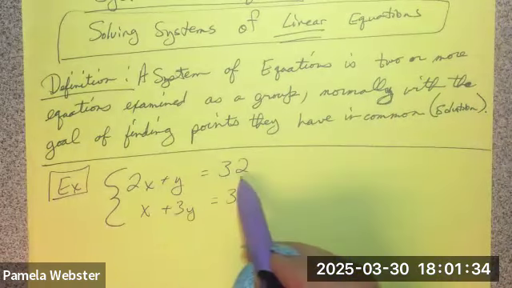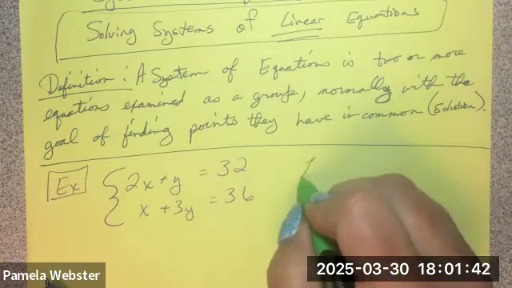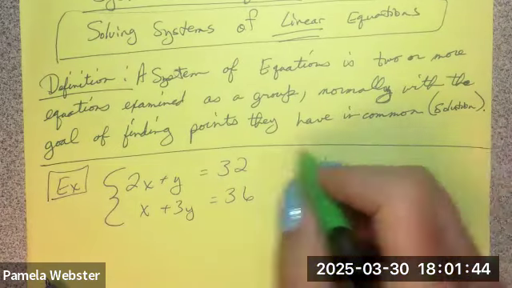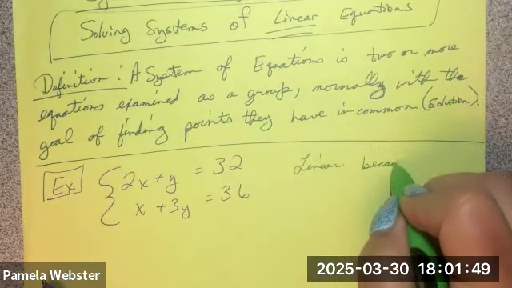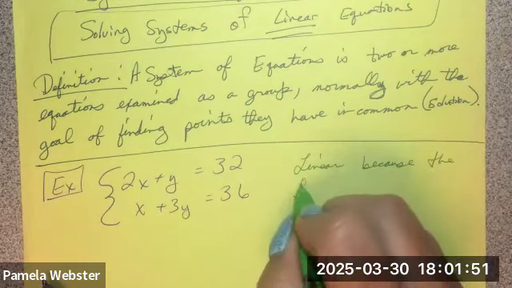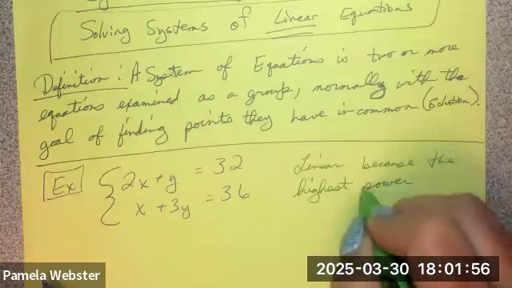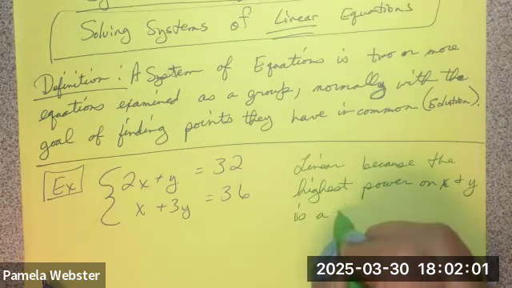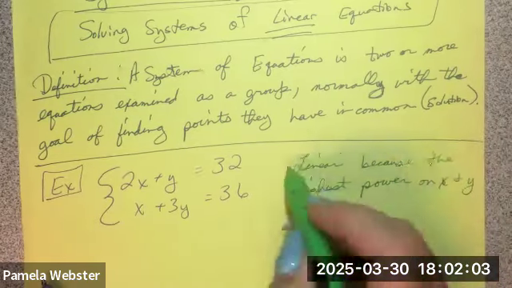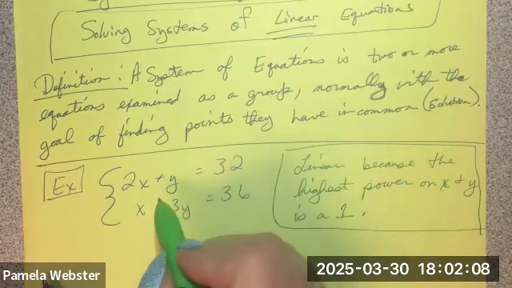I know these are both linear, and if you'll go back, I know it's been a while, but in exam 1, we talked about how an equation is linear because the power on x and y is a 1. So we can look at the exponents.